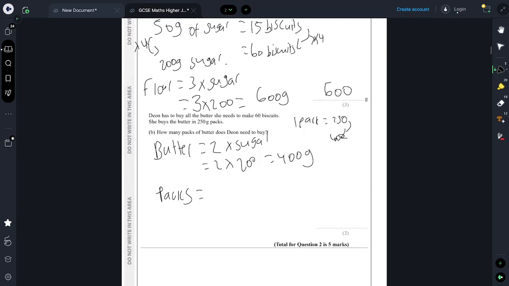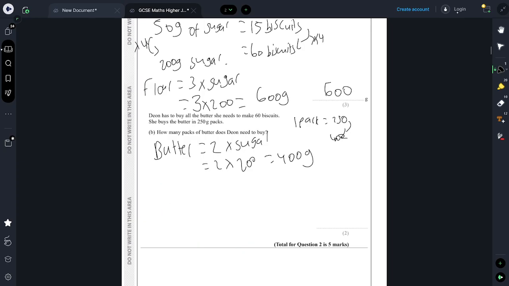It's not particularly clear what you times by. So you could work that out by saying 400 over 250. However, spot this. This is a way to spot this, actually.